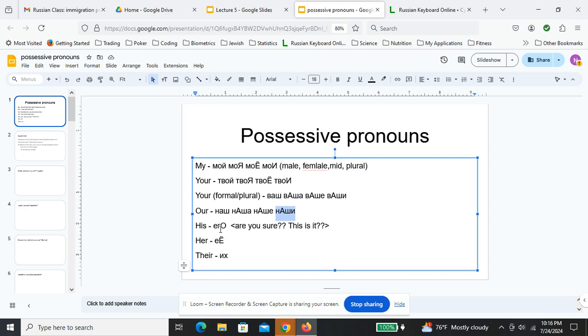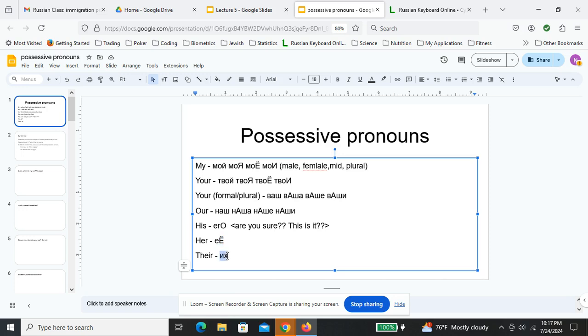So, we're going to say его машина, его мороженое, его мясо, его друзья, whatever, anything is all going to be его. And it's all going to be ее машина, ее суп, ее ручка, ее мясо, ее друзья.